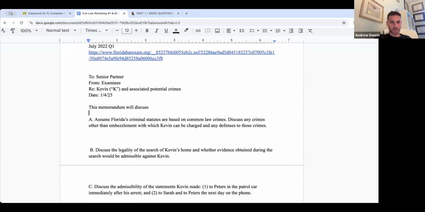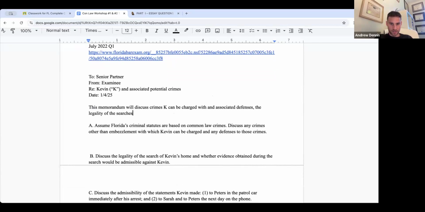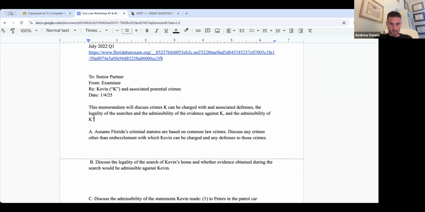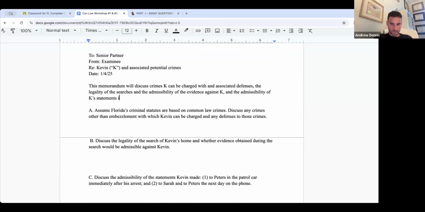If I had more time, I would say this memorandum will discuss crimes K can be charged with and associated offenses, the legality of the searches and the admissibility of the evidence against K, and the admissibility of K's statements, in the patrol car and the next day on the phone.